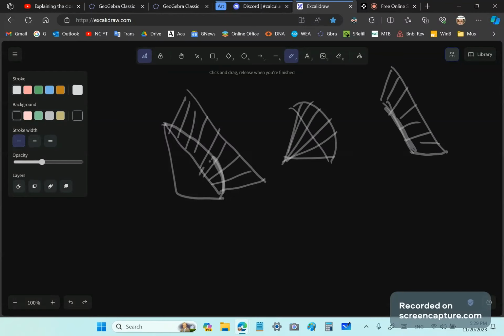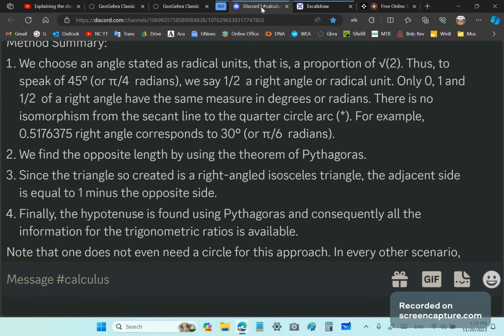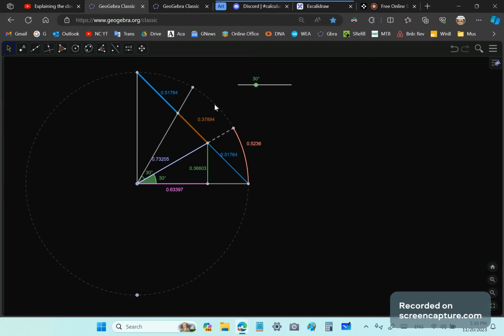Okay, so that's what it means when we talk about dividing or trying to find some kind of relation between the circle circumference or arc and this hypotenuse.